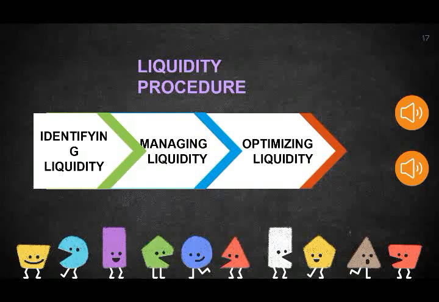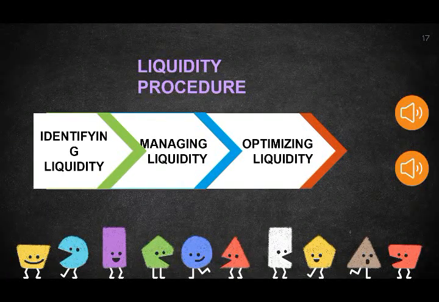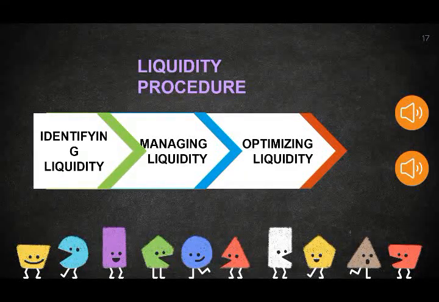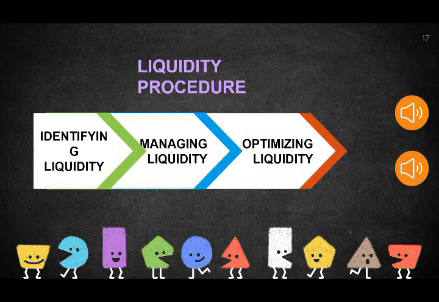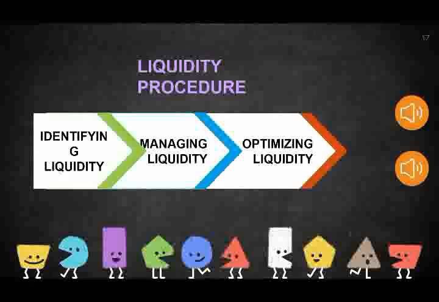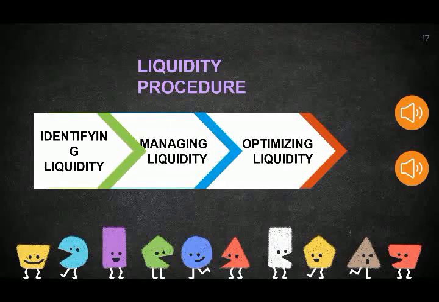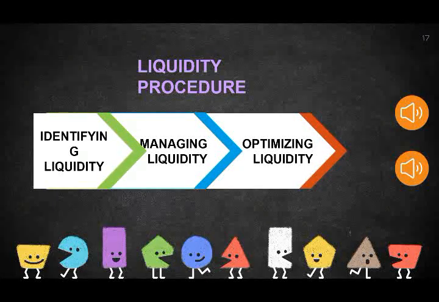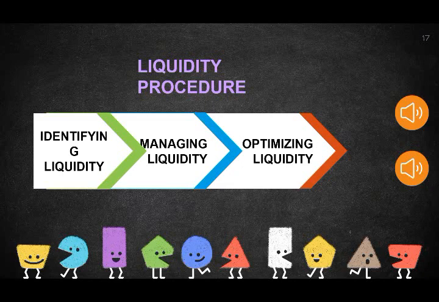This may include consolidating funds and managing the release of funds to maximize their use. And then optimizing liquidity. This is an ongoing process with the focus on maximizing the value of the institution's funds. It requires a strong and detailed understanding of the bank's liquidity position across all currencies, accounts, business lines, and counterparties.